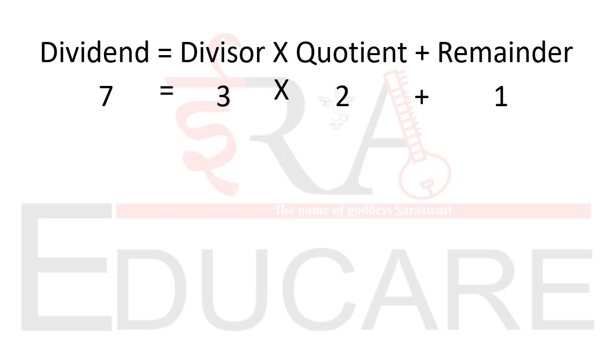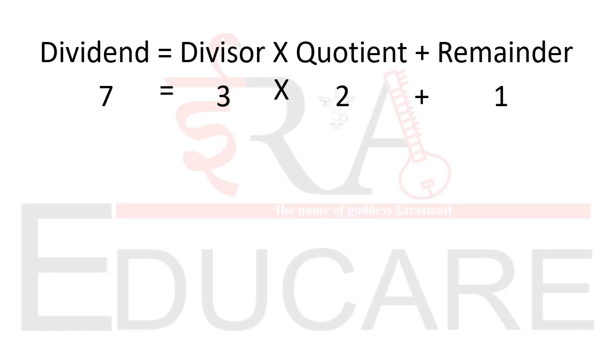So simple, 7 is equal to 3 multiplied by 2 plus 1. 3 twos are 6, plus 1, you get 7. So that's why you can say that dividend is equal to divisor multiplied by quotient plus remainder.